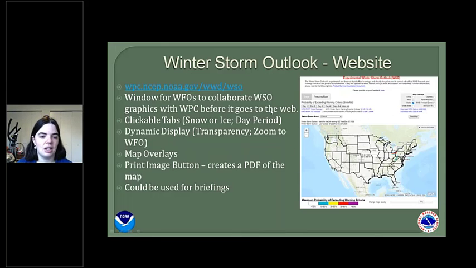But the web page has the next 4 days for individual days. You can see snow and freezing rain. You can zoom into the CWA. There's a lot of customizations on this. You could use it for briefings, as long as you can explain it well. But again, this is available for use online and internally in GFE.